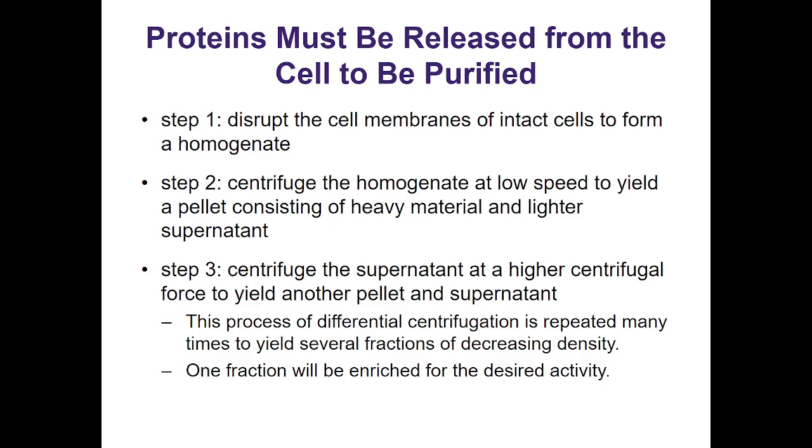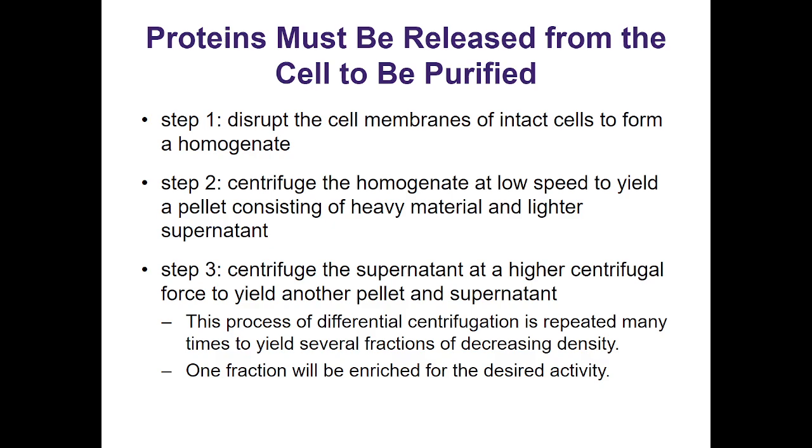So this process of your differential centrifugation is going to be repeated as many times as you need. This will yield you several fractions that will decrease in density each time. Now, keep in mind, it's not just pure molecular weight that determines what comes out. Okay? It's the density versus how well it interacts with the solution, right?